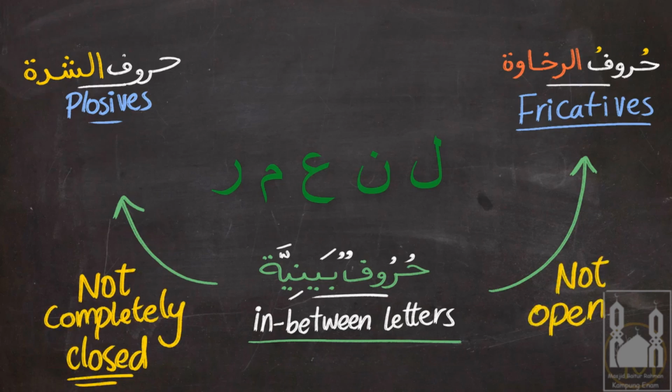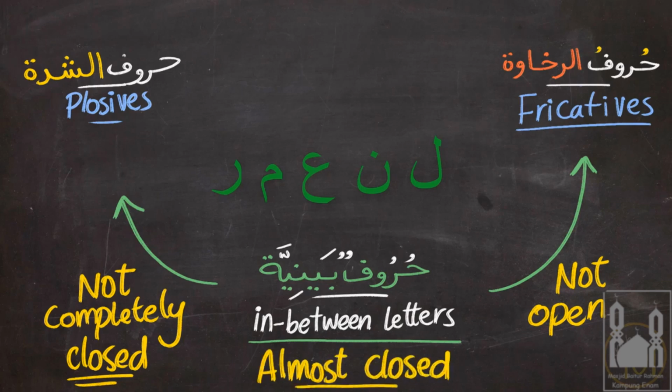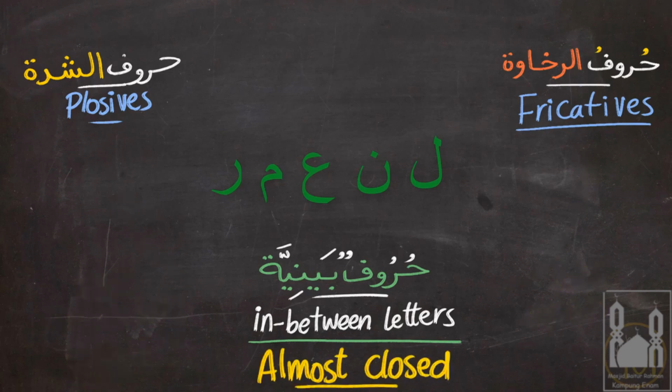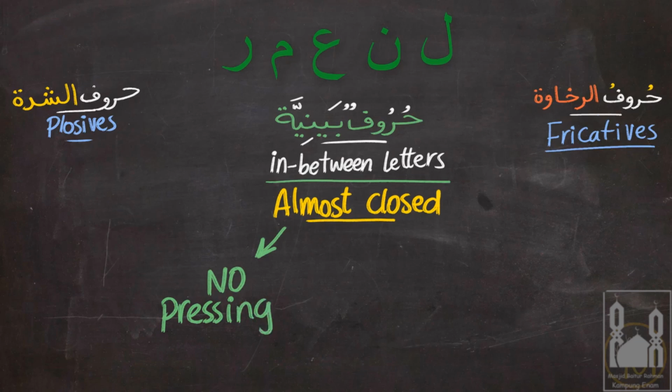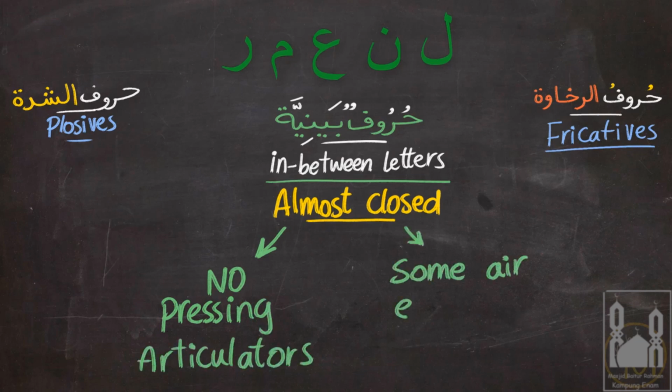But al-huruf al-bayniyya, or in-between letters, have the makhraj that is almost completely closed. So there is a very narrow gap or almost a contact between the articulators, but without completely closing or pressing against one another. This allows some air to escape and some continuity in producing the sound.